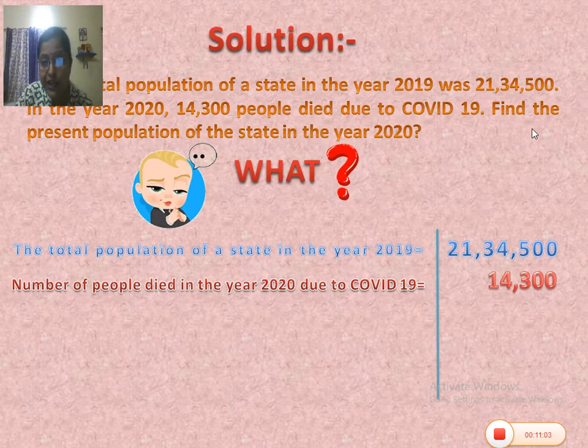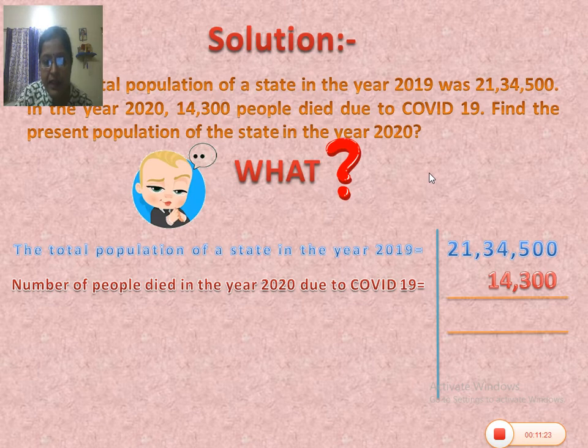Now we have to check what is the question all about. It is regarding find the present population of the state. After this number of people who died, or you can also remember it, the number which has decreased. After that, what is the present population of the state?